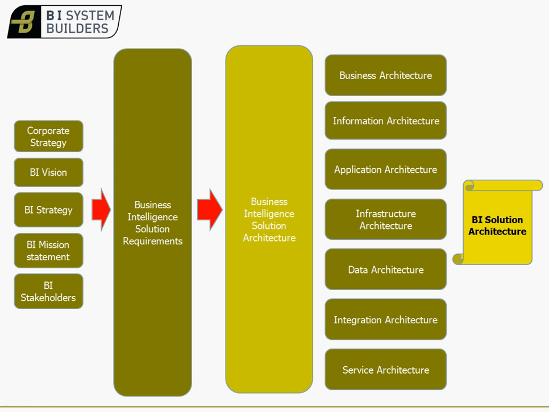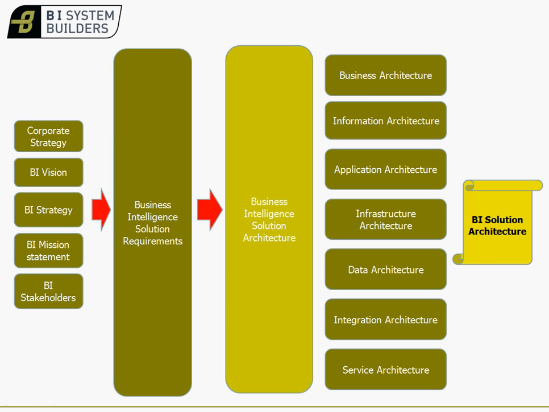Okay, but what you should be cognizant of, and if you don't know them, you need to go and find them, the things on the left hand side: corporate strategy, a BI vision, the BI strategy, the BI mission statement, always useful to write a mission statement because it crystallizes your thinking, and the BI stakeholders. So these are the senior people that are backing the BI initiative.